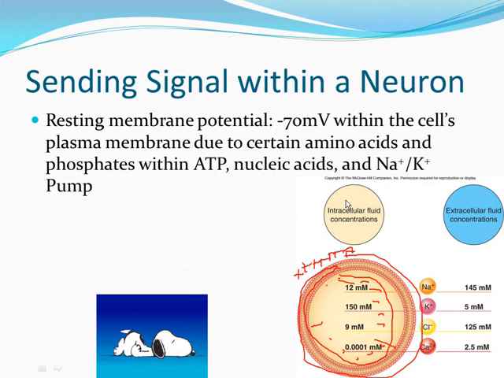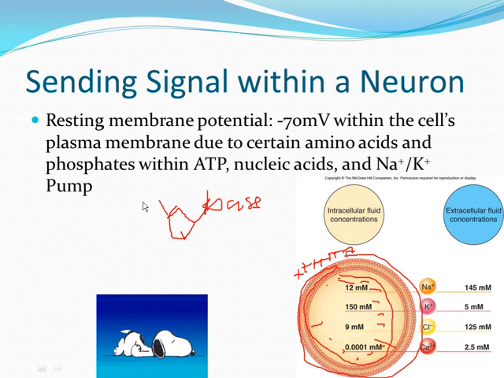So this negative charge inside is due to several things. Do you guys remember the charge of DNA? Is it positively charged or negatively charged? Negatively charged due to what? Do you guys remember? Not because of the sugar. It's not because of the deoxyribose or ribose. What parts of a nucleic acid do we know? We know of nucleotide, right? We have the ribose sugar, we have the nucleic base, and then what else does it have?